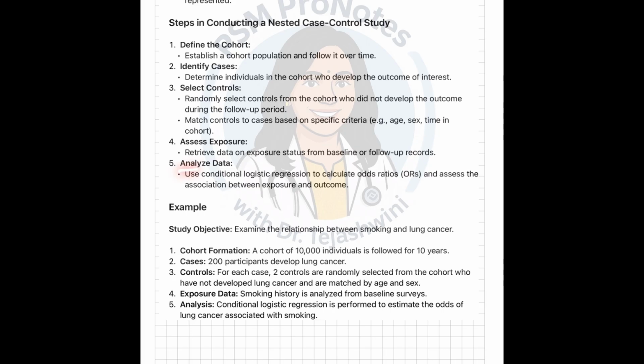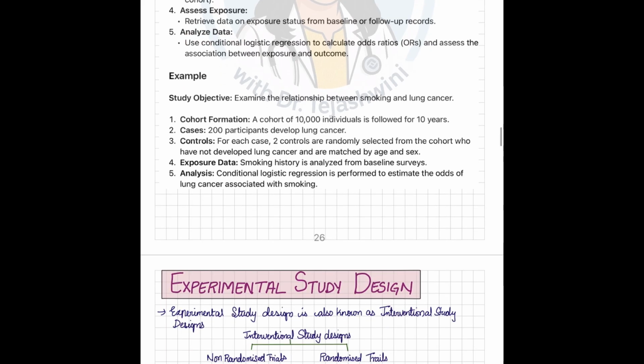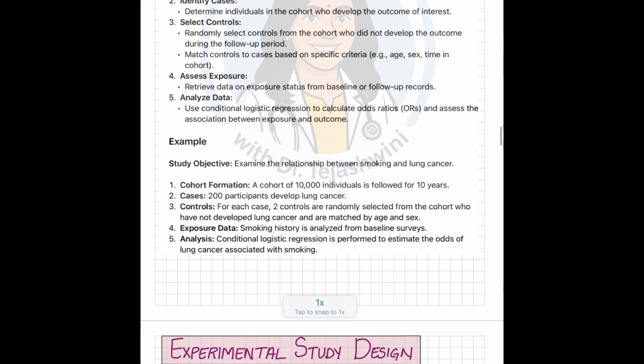This might include information about lifestyle factors, medical history, or environmental exposures. Analyze data. Finally, the data is analyzed using methods such as conditional logistic regression to calculate odds ratios, ORs, and assess the association between the exposure and outcome.